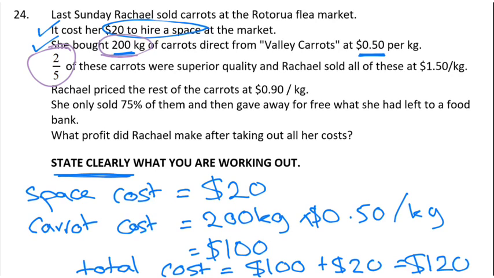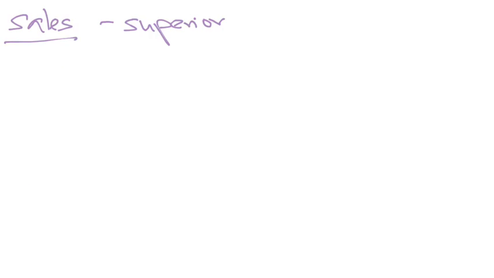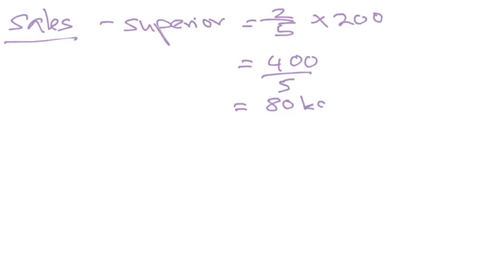So that's going to be 2/5 of the 200 kilograms, and we need to work that out. So 2 times 200 is 400. 400 divided by 5 is 80 kilograms. So we know that from the 200 kilograms in total, 80 kilograms of them are superior carrots.